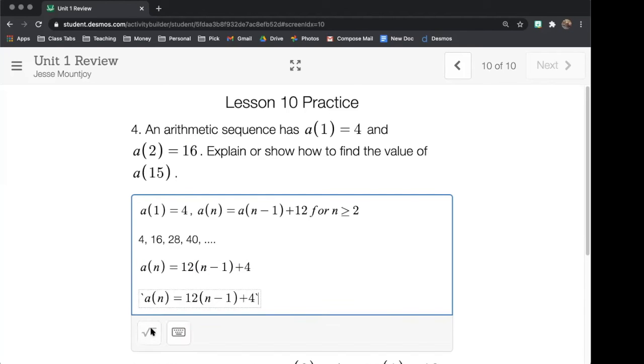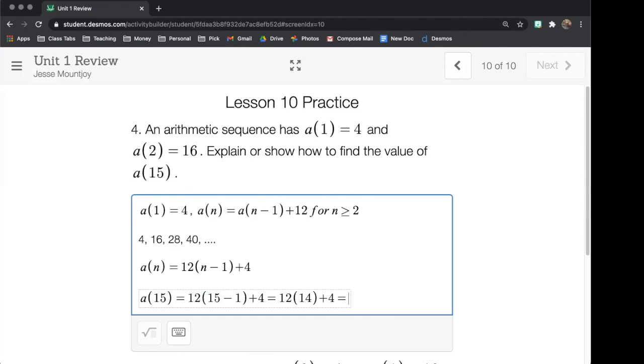So I'm going to plug in 15 here. And this will give me the correct number. So 12 times 15 minus 1 is 14, plus 4. So that is 12 times 14. Let's do it real quick. Let me pull it up.